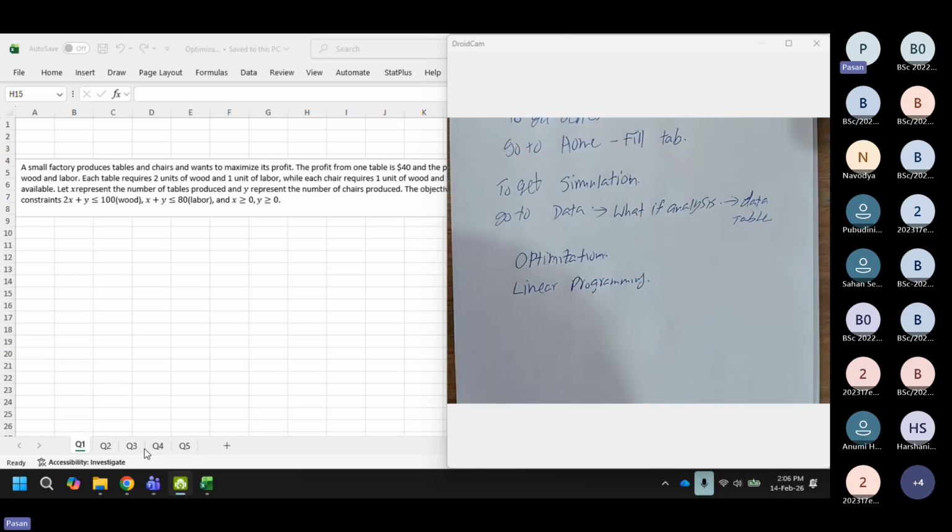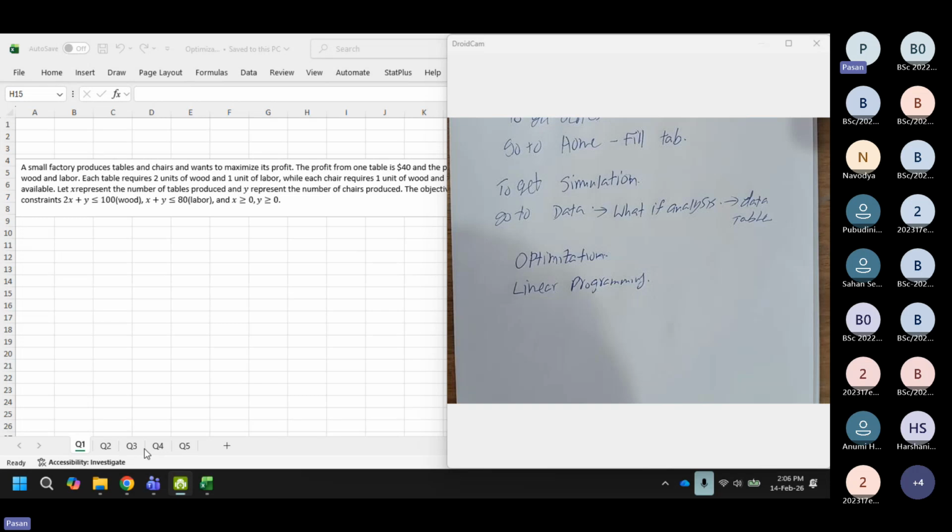Under this linear programming or optimization, our target is to find a maximum value or minimum value. So we are trying to do some maximization or minimization. In general, that's why we call it optimization, right?